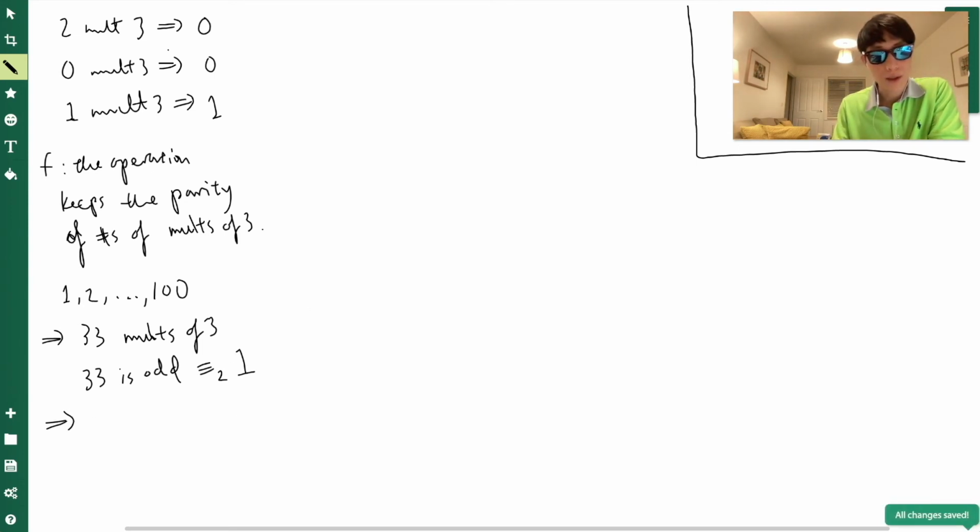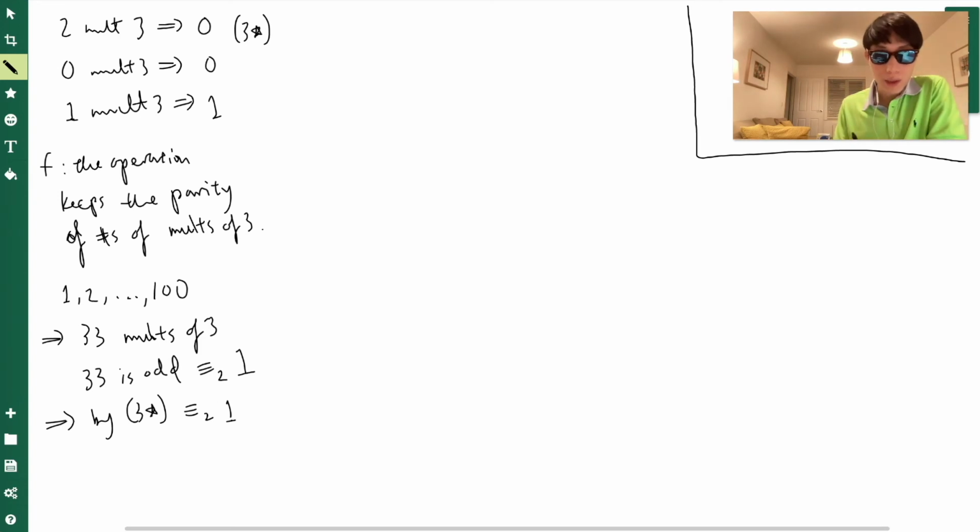Therefore, based on this property, let's call this 3 star. By 3 star, we know that at the very end we will also still have 1 multiple of 3. But at the end, we only have 1 number. So this tells us that the last number must be a multiple of 3. Big exclamation mark.